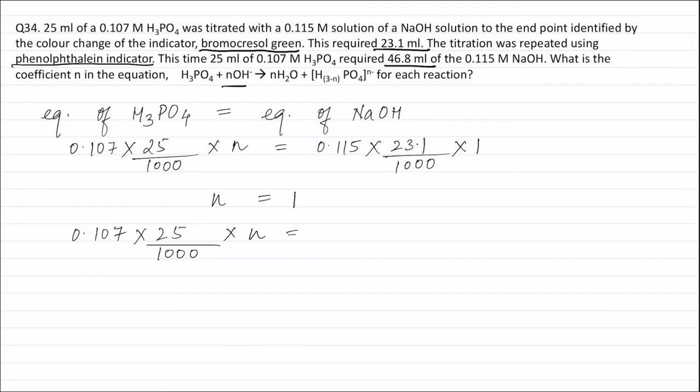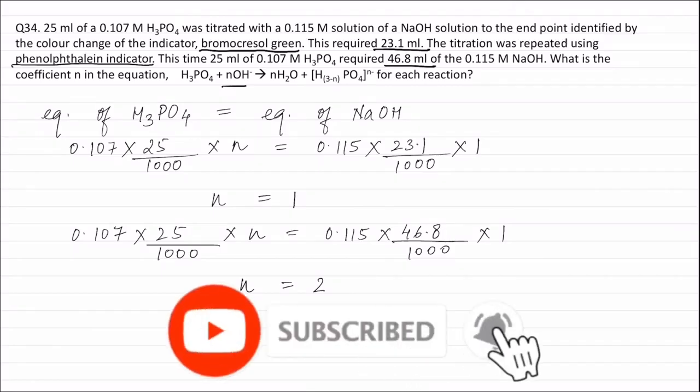And this is equal to equivalents of NaOH, and equivalents of NaOH will be equal to 0.115 into 46.8 divided by 1000 into 1, where 0.115 M is the molarity of NaOH solution, 46.8 divided by 1000 is the volume of NaOH in liters, and 1 is the valency factor of NaOH. Solving this equation, the value of n is equal to 2. Therefore, when phenolphthalein is used as indicator, the value of n is equal to 2.